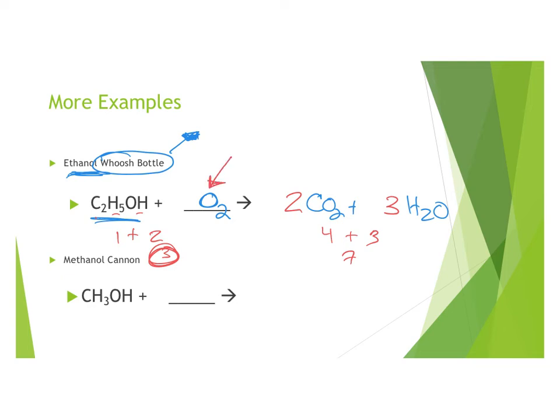I need 4 more, so if I put a 2 there, that gives me 1 plus 4. That's not quite what I want, so let's go up to a 3. That's 1 plus 6, which gives me a 7 on this side. So in the end, what do I have? I have 2 carbons, 2 carbons, 6 hydrogens, and 1 plus 6 oxygens is 7, and 4 plus 3 oxygens is also 7.